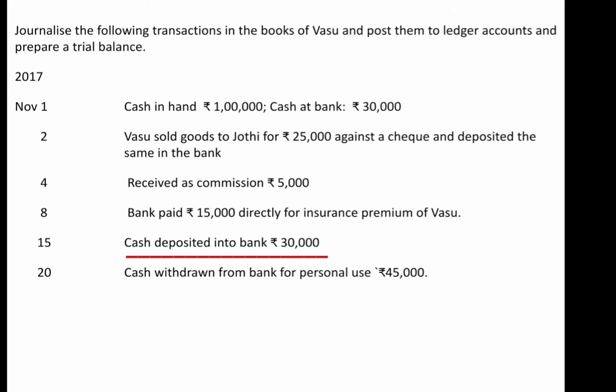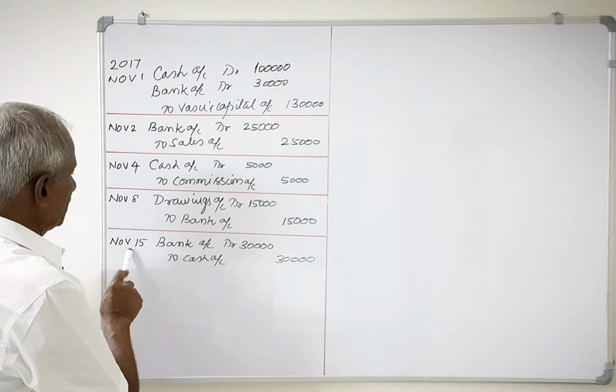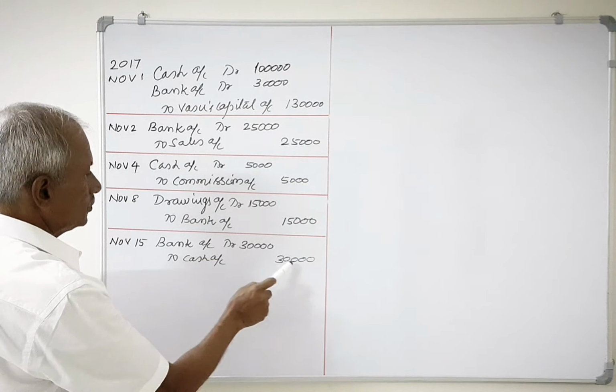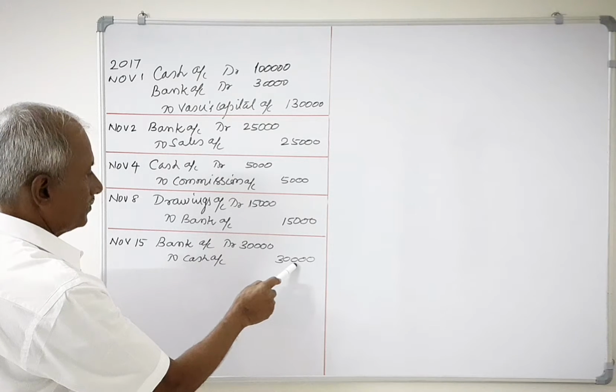Let us pass on to the next transaction. November 15th, cash deposited into bank rupees 30,000. Now this is a cash transaction, so bank account should be debited and cash account should be credited. So the journal should be bank account debtor 30,000 to cash account 30,000.